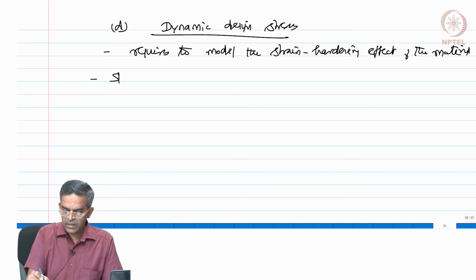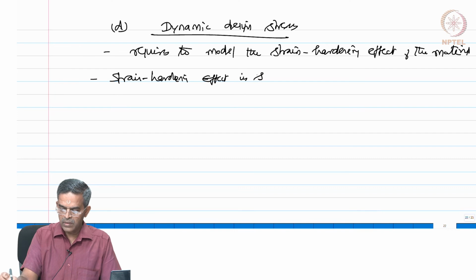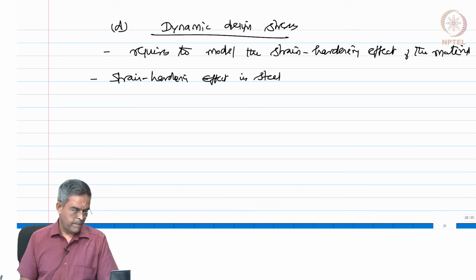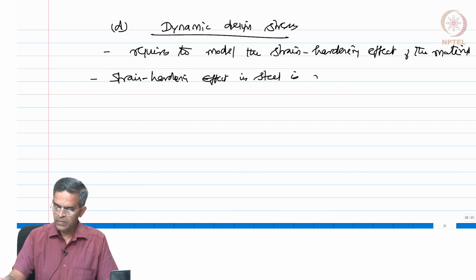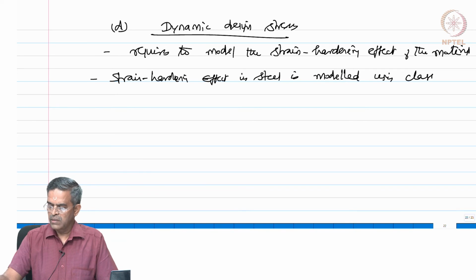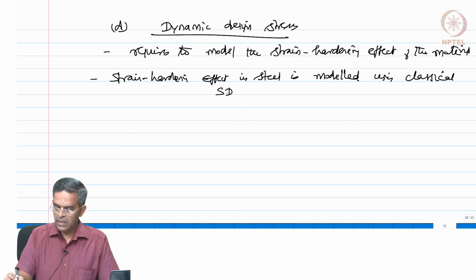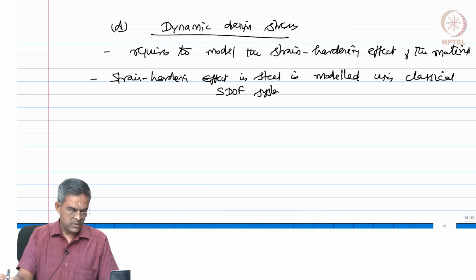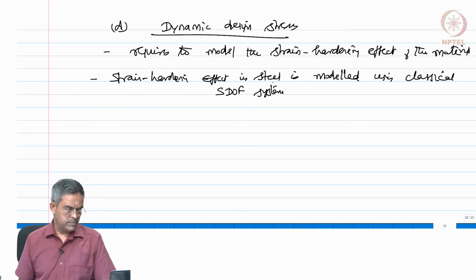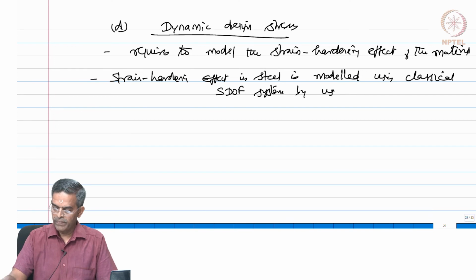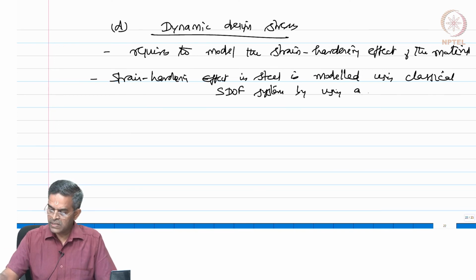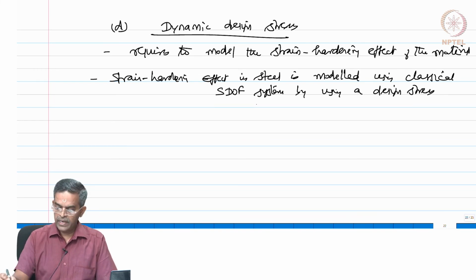Strain hardening effect in steel is modeled using classical single degree of freedom systems by using a design stress greater than the yield.